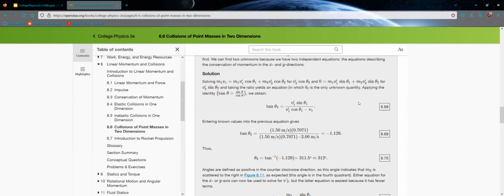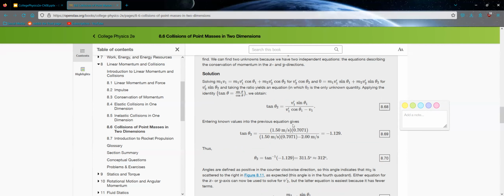Sum of initial momentums equals sum of final momentums, and try to reconstruct why they're doing a tangent of theta 2 here. When you do that, you're going to see how solving the equation before you plug in the variables will save you time and paper and confusion of having to track all your variables down here.